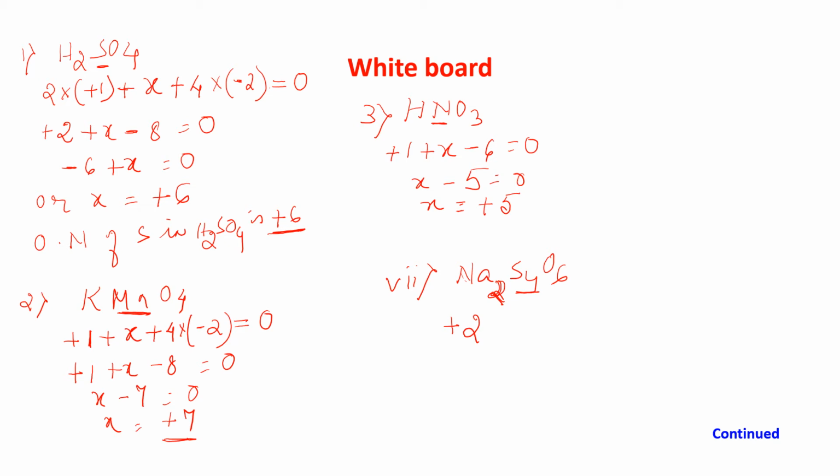Now S4, let the oxidation number of sulfur be X. I am having 4 sulfur atoms, so it will be 4X. Don't make a mistake, it will be 4X. Now 1 oxygen is -2, and I am having 6 oxygen, so it will be -12, equal to 0.